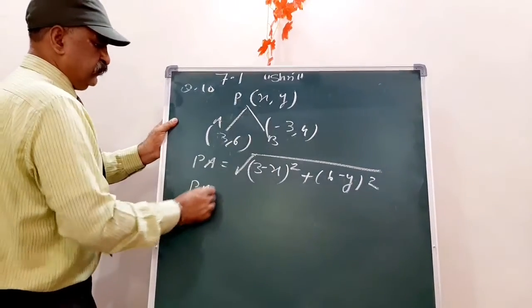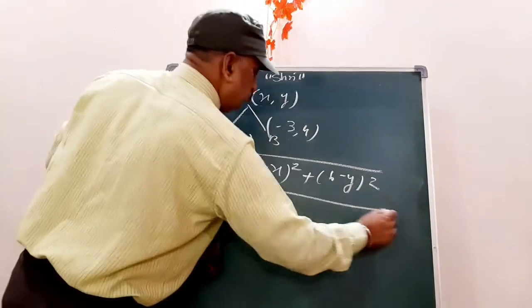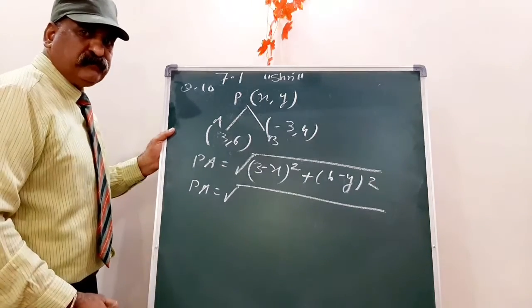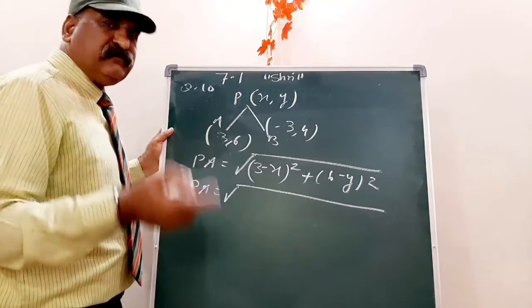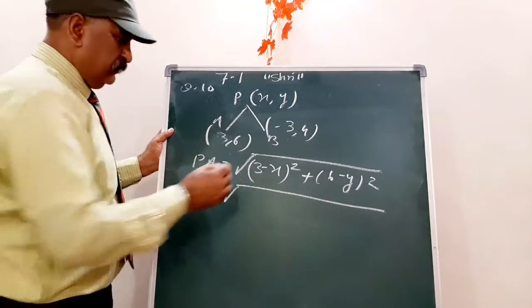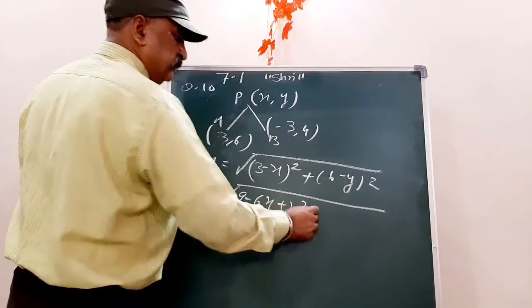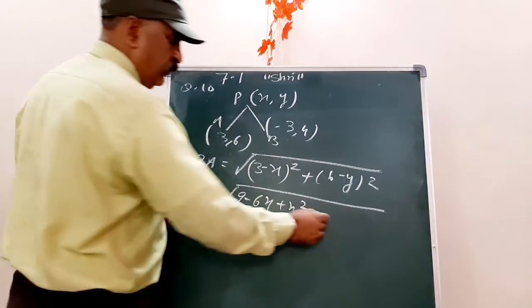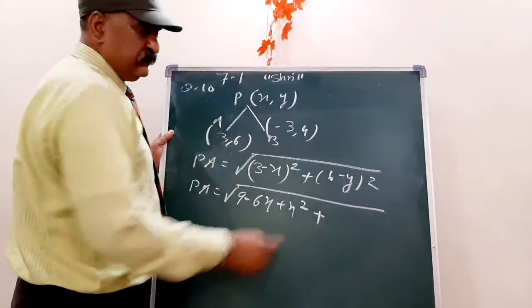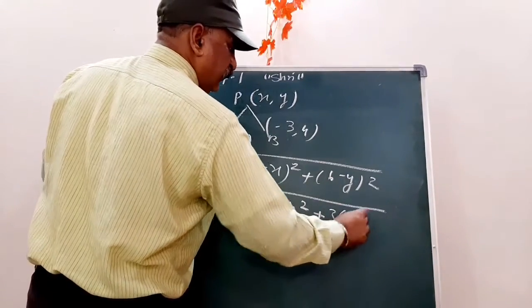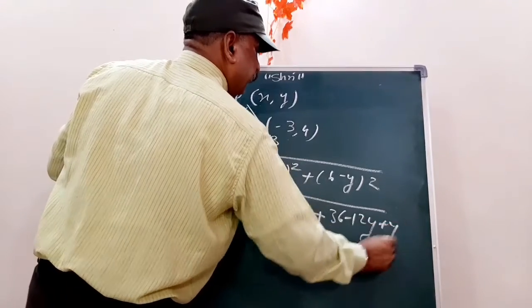So PA is equal to, now you can apply here (a minus b) whole square. (a minus b) whole square means a square minus 2ab plus b square. So 9 minus 6x plus x square. Now plus (6 minus y) whole square, 6 square means 36 minus 12y plus y square.